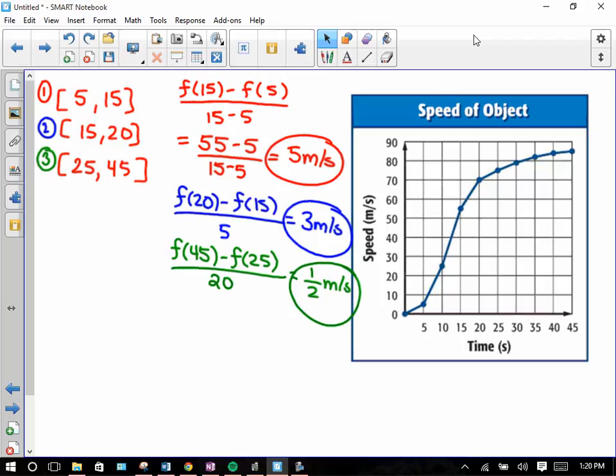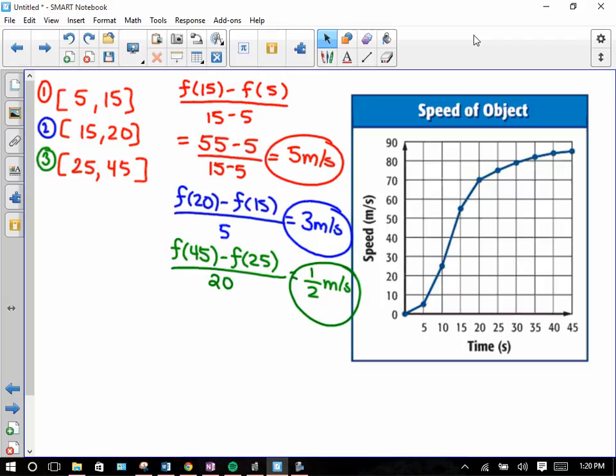The final question, part C, says, what conclusions can you make about the magnitude of the rate of change, the steepness of the graph, and the nature of the function? So there's a couple things here.